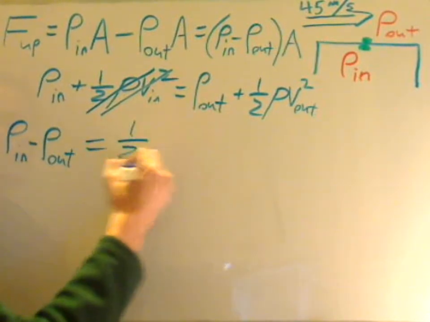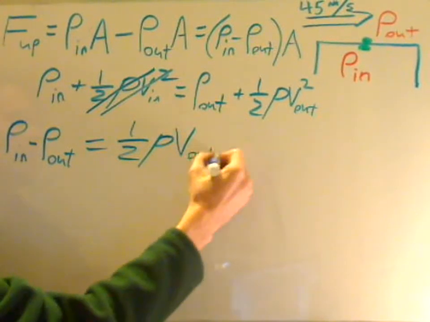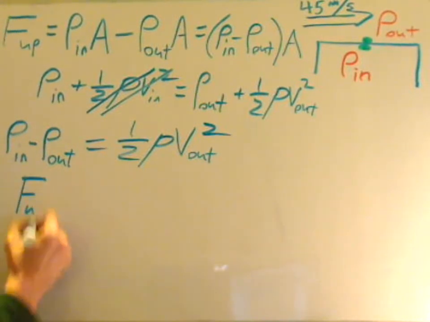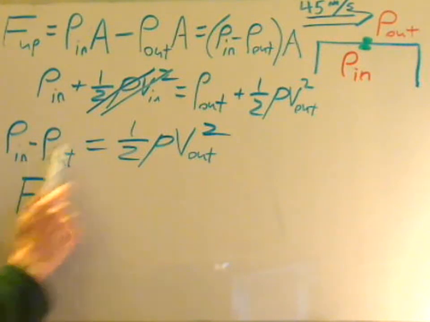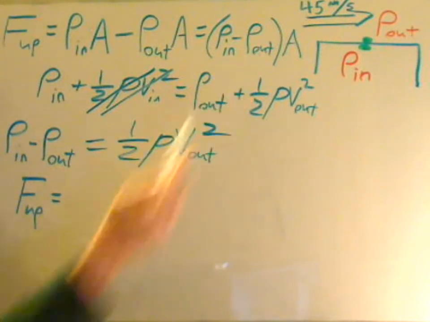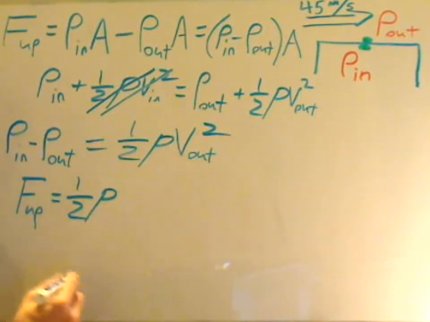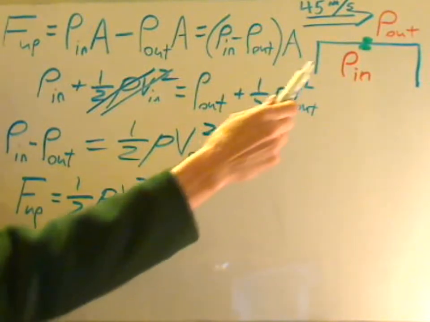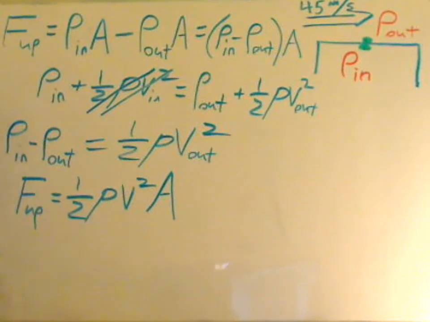It's 1/2 density of air times that outside velocity squared. So therefore, the upward force on the roof is going to be pressure inside minus pressure outside, which is 1/2 rho, and I'm going to drop the 'out' part now and just call it V squared, times the area of the roof. So there's our expression.